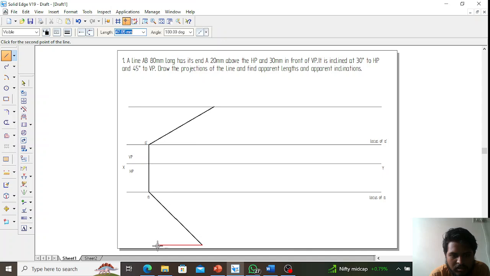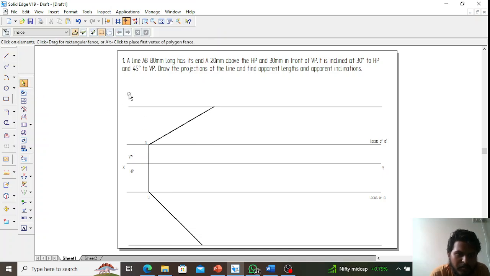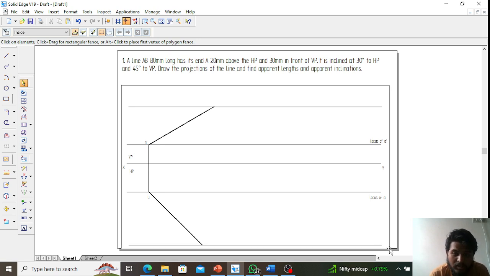Now first let us take it a little bit upwards because it is very much in the downside.